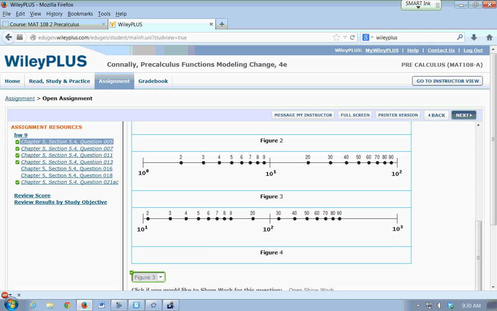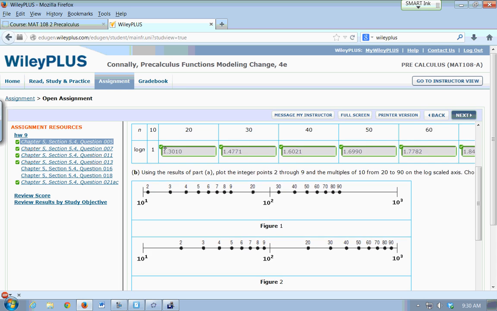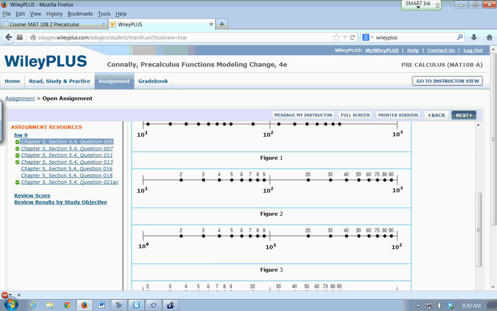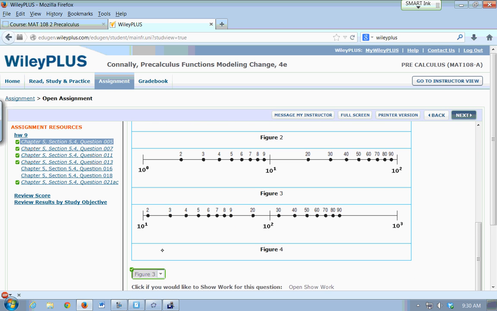And then between 10 to the 0 and 10 to the first, right about here, would be 10 to the 0.3, right about a third of the way between 10 to the 0 and 10 to the first. Right? And then 3 is really 10 to the 0.4771, almost halfway between 10 to the 0 and 10 to the first. So that 3 is about halfway between 10 to the 0 and 10 to the first. That's how you plot on a log scale.